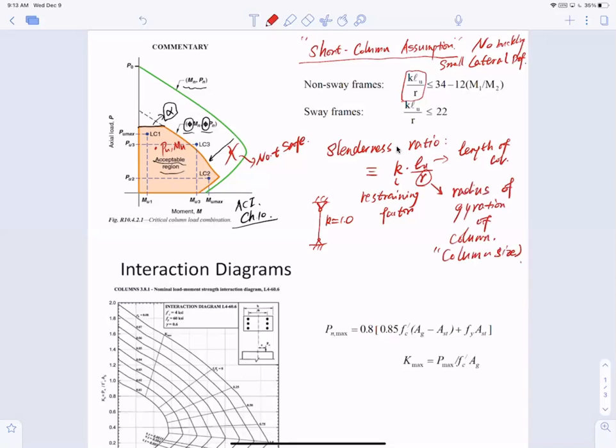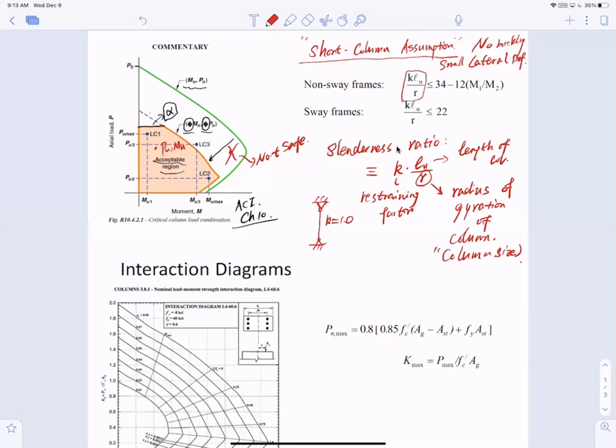The longer or the bigger this number is, the more slender the column is, and the more easily it becomes buckled. Then we do not use the interaction diagram. So as long as your slenderness ratio is controlled below these numbers, we can use the short column assumptions.